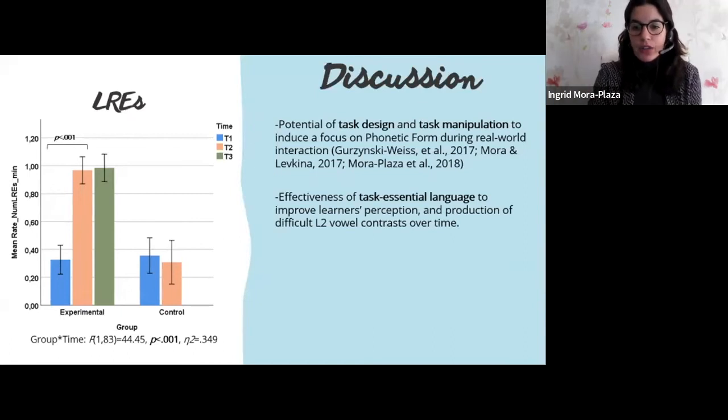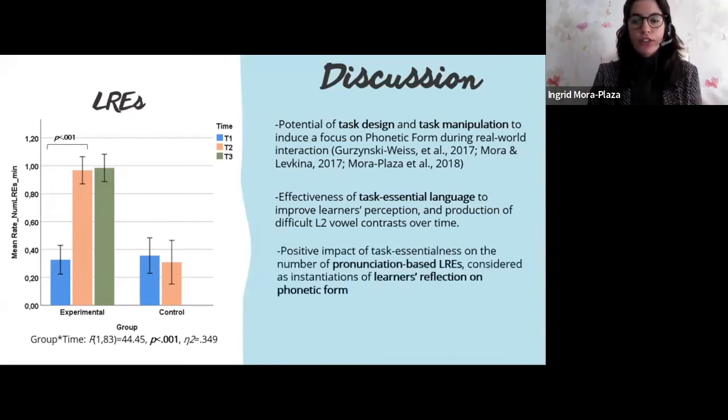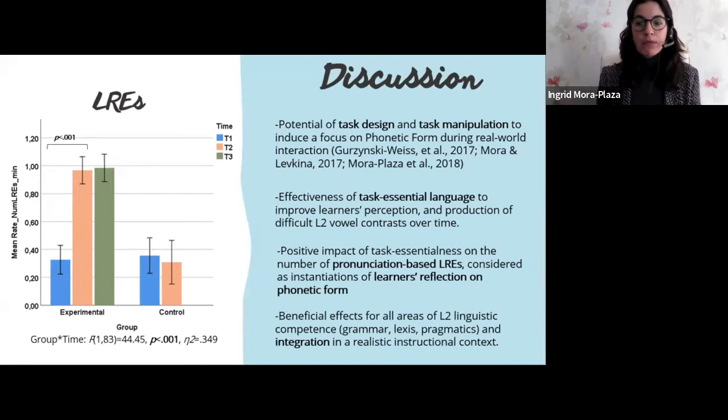And through task essentialness, learners had more opportunities to reflect on phonetic form, as you can see, by the increased number of pronunciation-based LREs over time. And last but not least, interactive tasks may bring benefits not only for L2 pronunciation, but also for grammar, lexis, and pragmatics, and they can be easily integrated in a realistic instructional context, such as a secondary school in Barcelona.